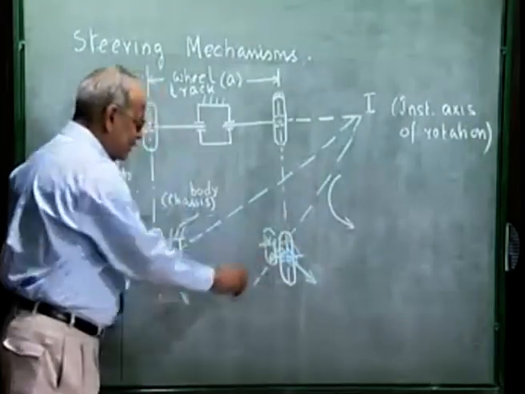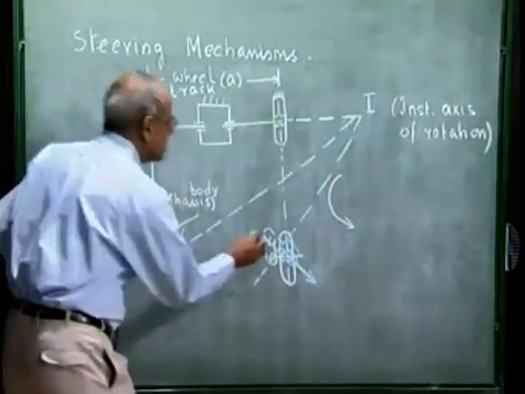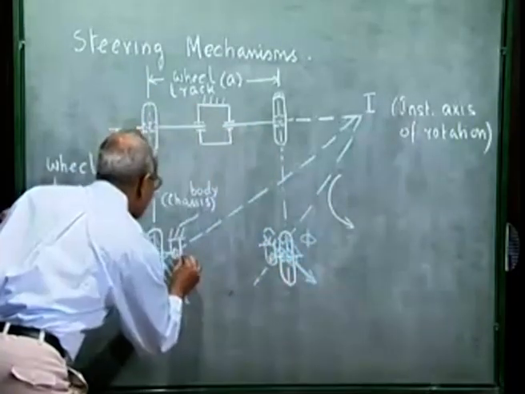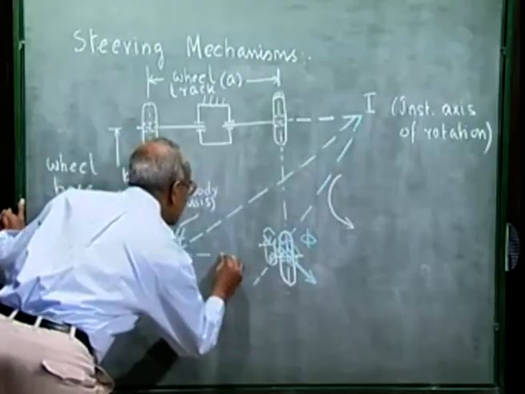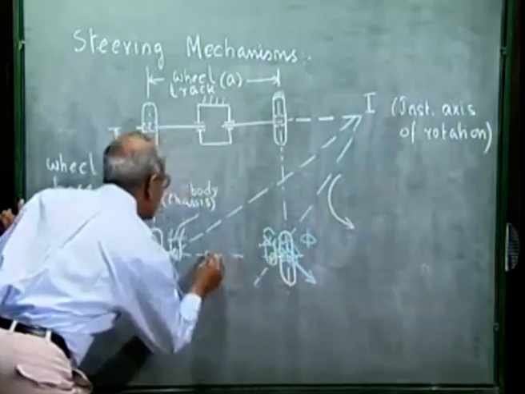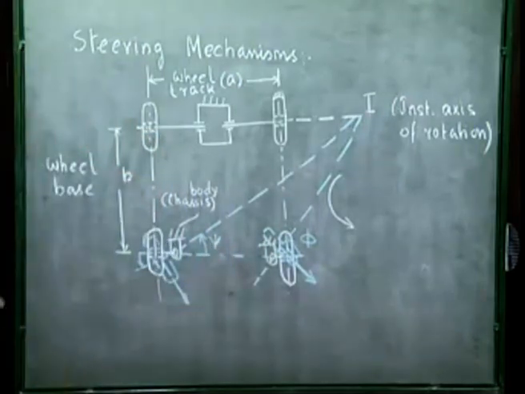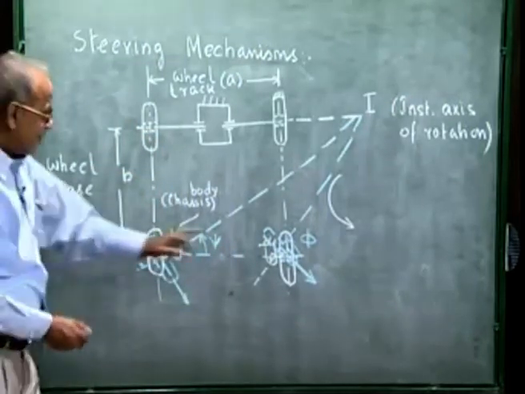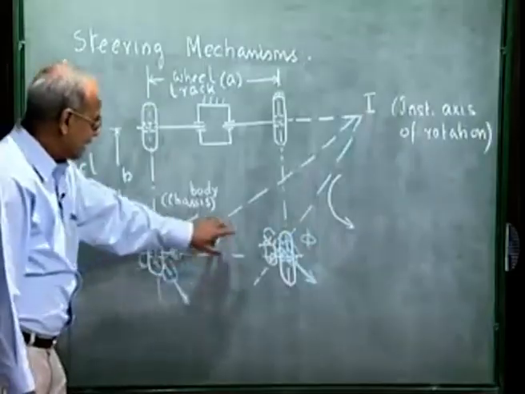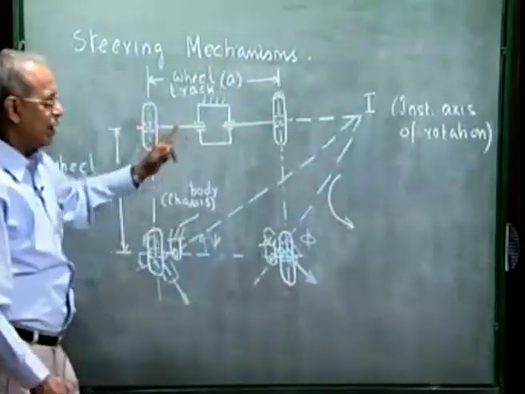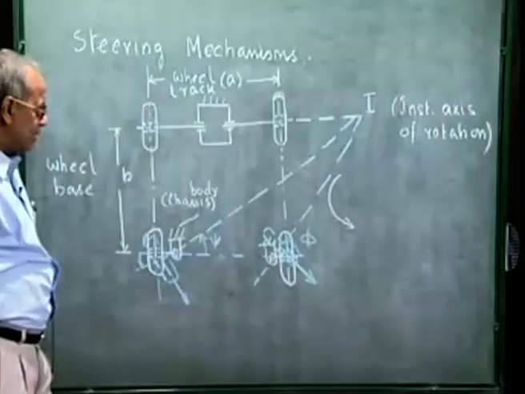These two wheels must rotate. Say this is phi and this angle is psi. So for perfect steering, this phi and psi should be such that these two front axles and the rear axle pass through one point. This is the steering requirement.